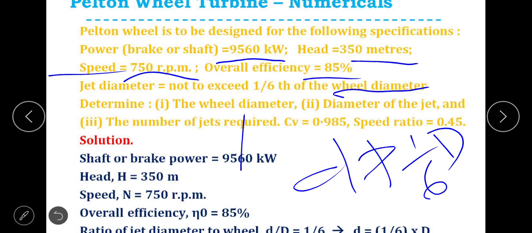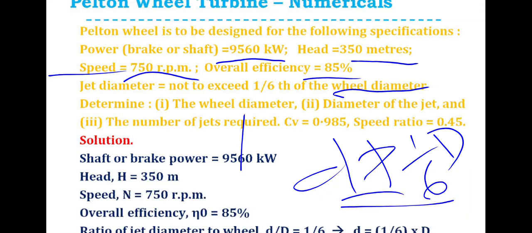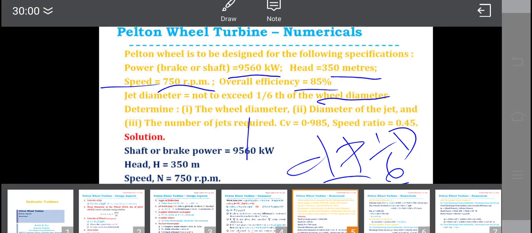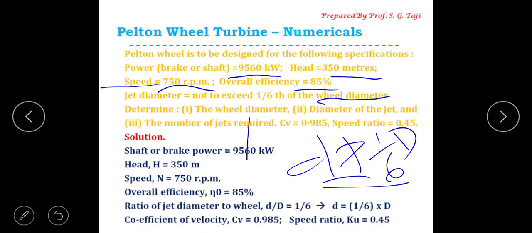Ratio of jet diameter to wheel diameter, small d by capital D, is equal to 1 upon 6, so d is equal to 1 upon 6 multiplied by D; it should not be greater than that. Then coefficient of velocity Cv is equal to 0.985 and speed ratio Ku is equal to 0.45, also given here.